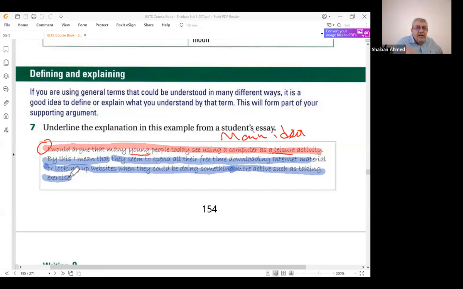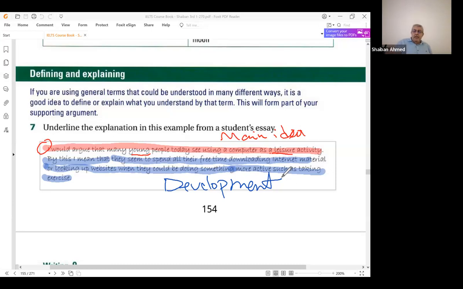So this is the main idea, and this is the development. So yes, they are using the computer as leisure time, but he prefers something more active, such as taking exercise.